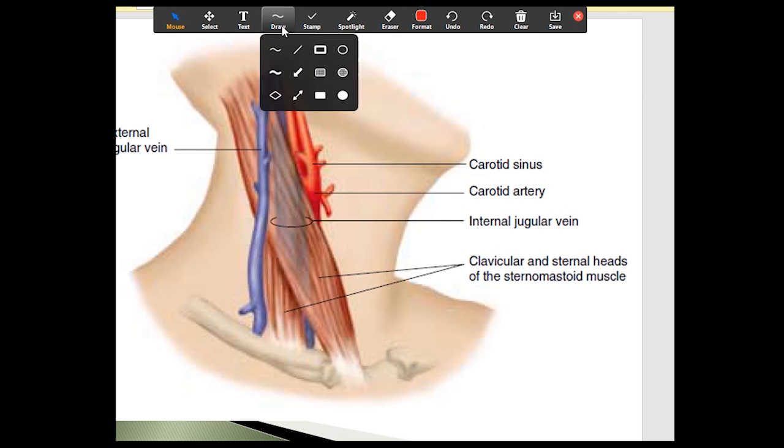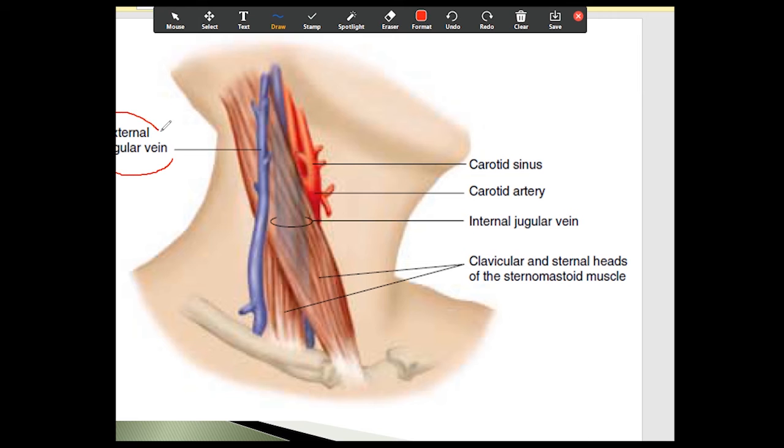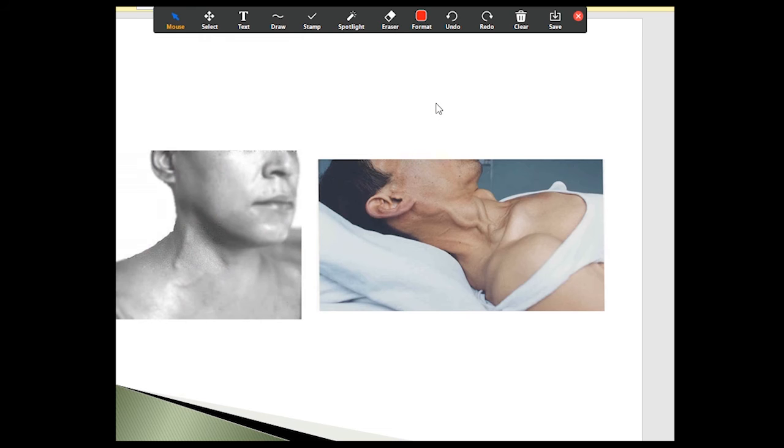And we're talking about the vein here, the external jugular vein, this one. Normally when people are sitting or standing, we couldn't see it, but when people lie down, we can see it.